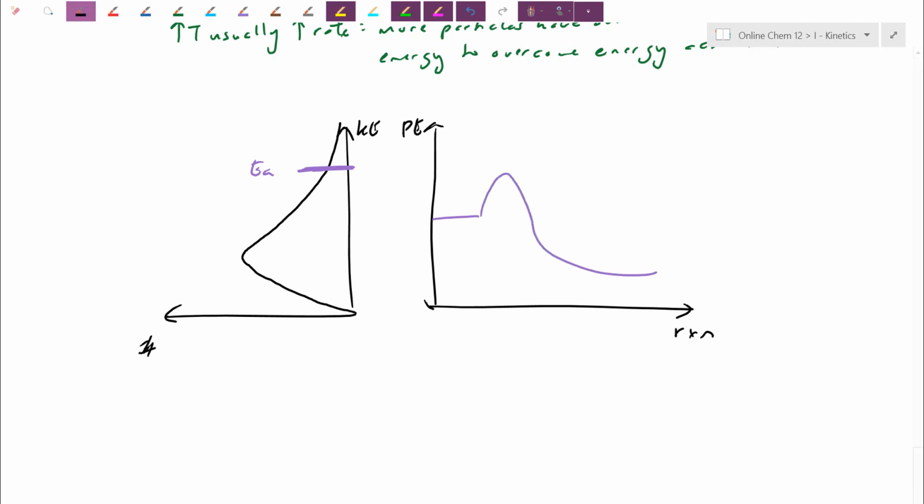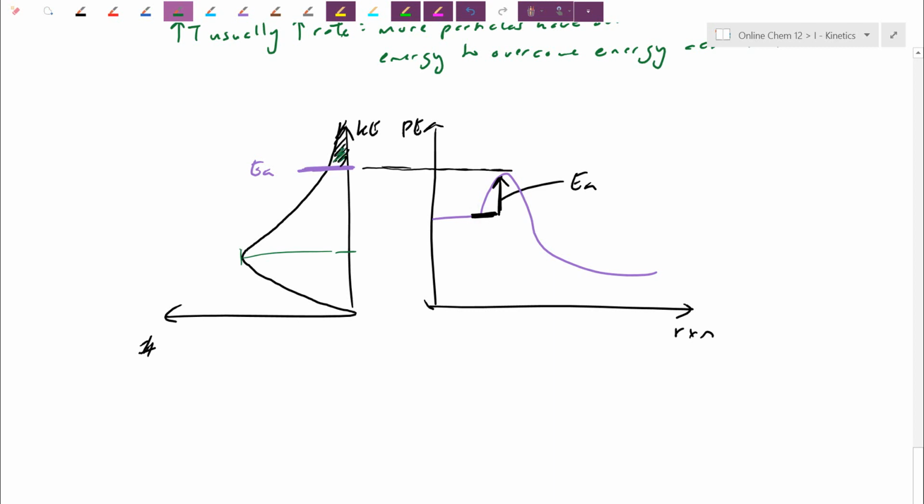So it was only particles that had fast enough speed that can trade enough kinetic energy into potential. It's only the particles that could get over the hill that can actually react. So it's only the particles beyond this activation region here. You'll notice the majority of particles, yeah, I have a lot of them traveling at some medium pace here, but they purely don't have enough energy to actually get over that hill.